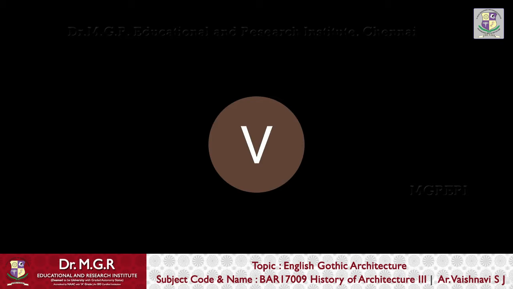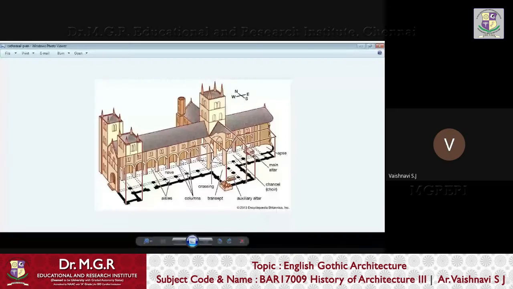In this we saw only part one of Romanesque architecture, and to explain in detail about the nave, aisle, and transepts, I'll show you a picture. In this, you can see the parts of Romanesque architecture or any kind of cathedral marked.